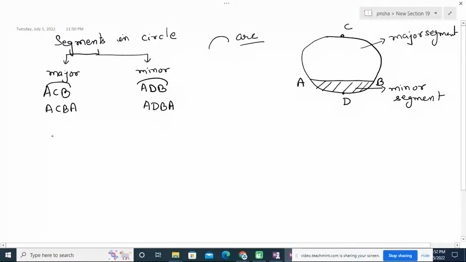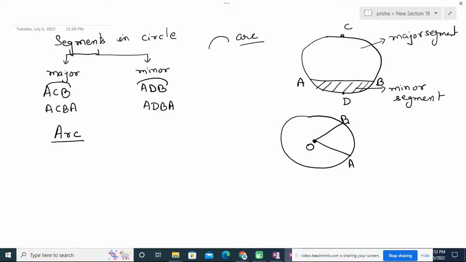Our next topic we have is the sector. For example, this is a circle. This is the center. Now, this is O, A, D. So, this is the radius.